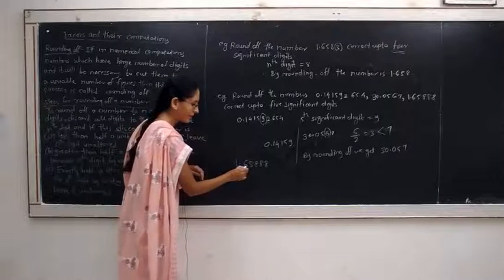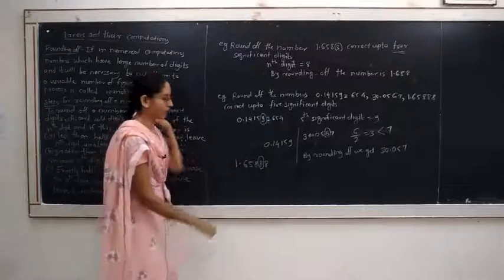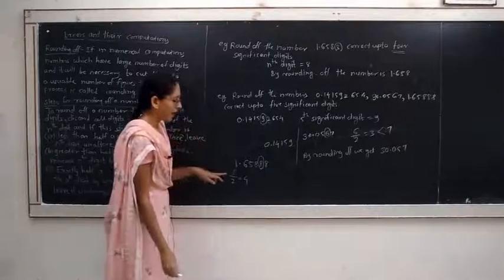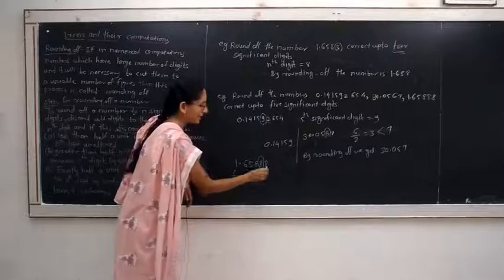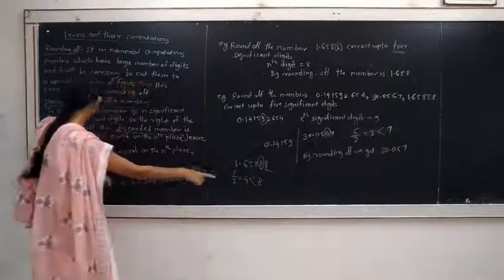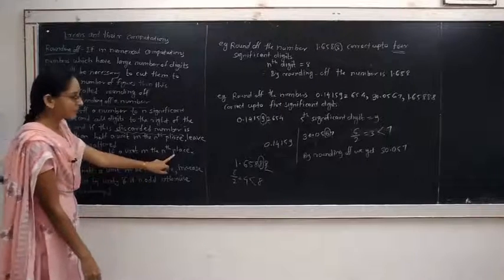Starting from 1, the fifth significant figure of this number is 8. 8 by 2 is equal to 4. And this 4 is less than the discarded number 8. The discarded number is greater than half of the unit in the nth place.